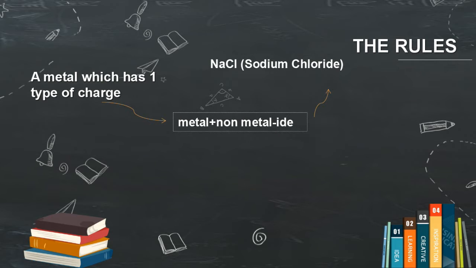Next, a binary compound containing a metal ion with variable charge is named with the same method as compounds in the first category, except the charge of the metal ion is specified by a Roman numeral in parentheses after the name of the metal.